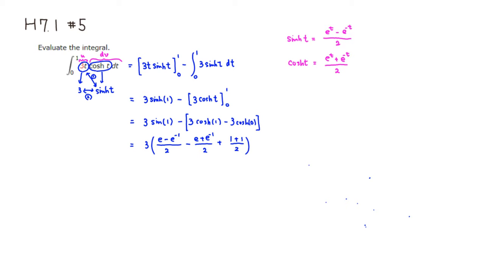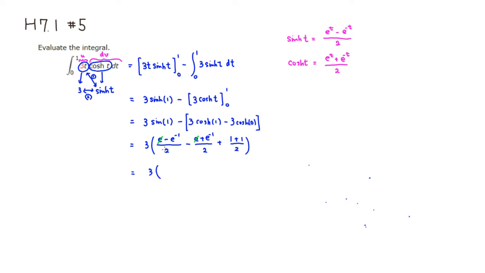So we should be able to cancel things. We have e over 2 minus e over 2, and we can cancel that out. The 3 is already there.